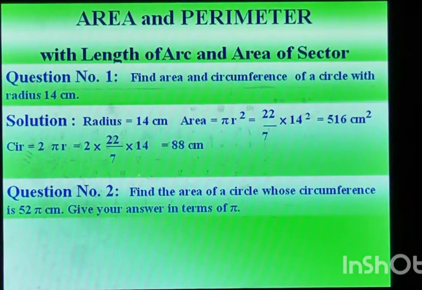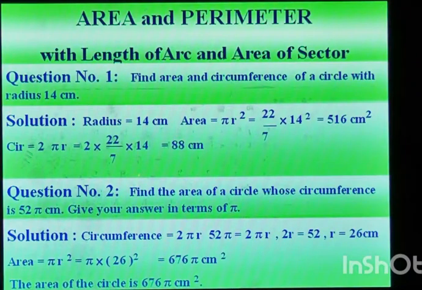Give your answer in terms of pi. So write the formula for the circumference, that is 2 pi r, then substitute the values and leave your answer in the form of pi. And the next one, this is the solution that is operated for question number 2 to get the area of the circle whose circumference was given.